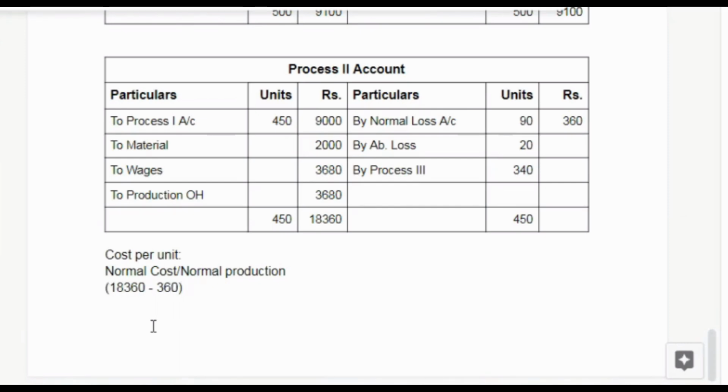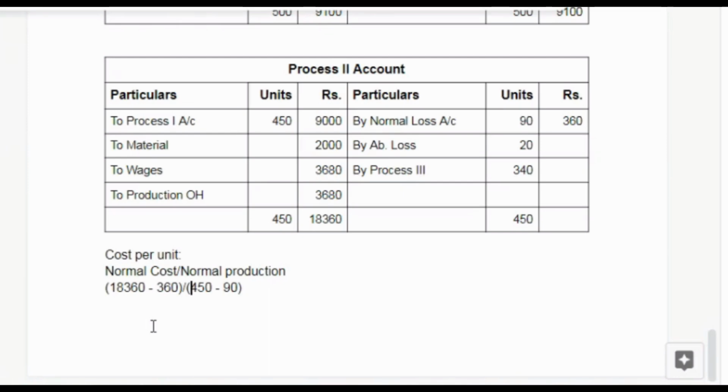Divided by normal production. Normal production, that means your input 450 units minus normal loss is 90. Okay, means in the numerator the realization value of normal loss is deducted, and in the denominator the units of normal loss are deducted.